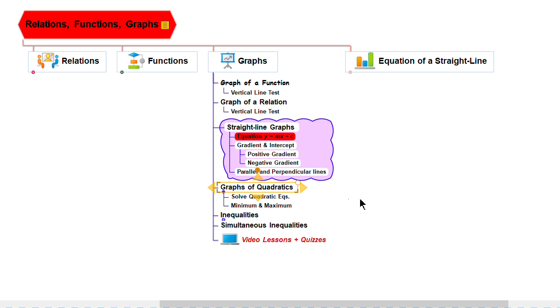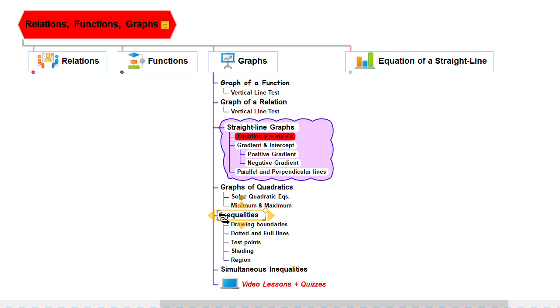And that can be expanded even further to graphs of quadratic equations, solve quadratic equations, minimum and maximum. Then you can also have inequalities, drawing boundaries, shading areas, dotted and full lines. Use all of those elements when you are solving inequalities, test points, region, simultaneous equations.